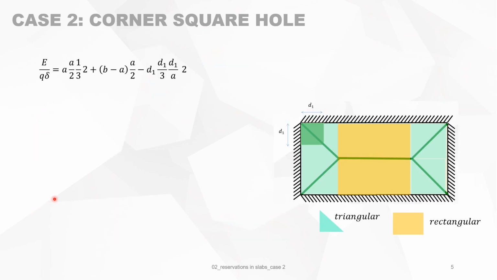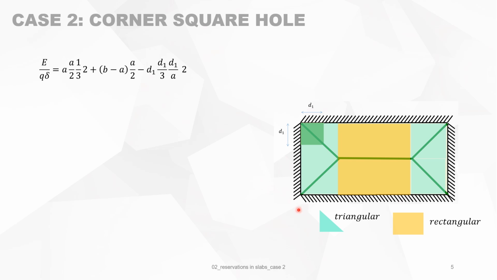For case 2 elements, we can now calculate the bearing capacity of the slab. Again, we start to divide the whole slab into triangles and rectangles, but we can do it a little bit more simply.